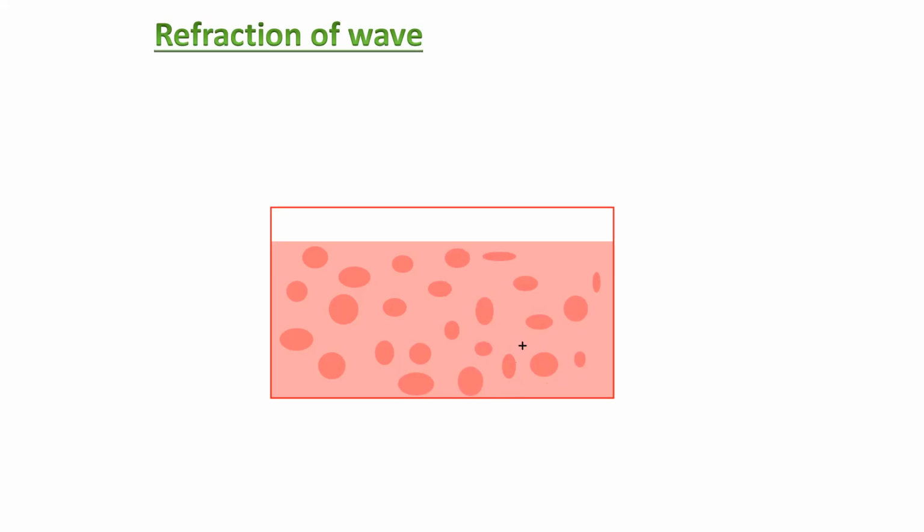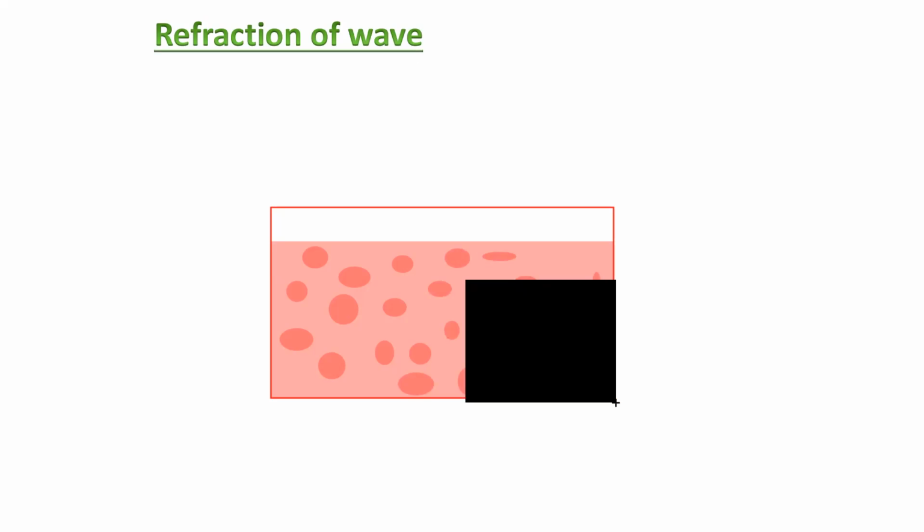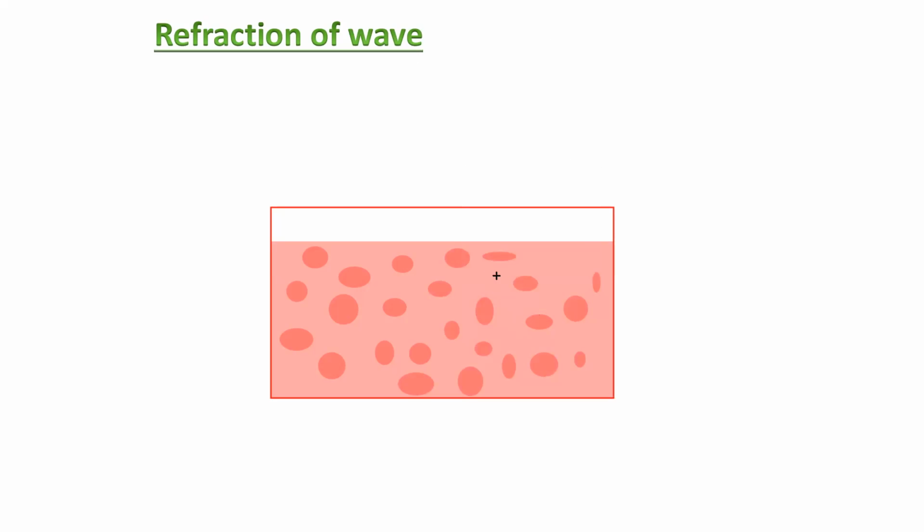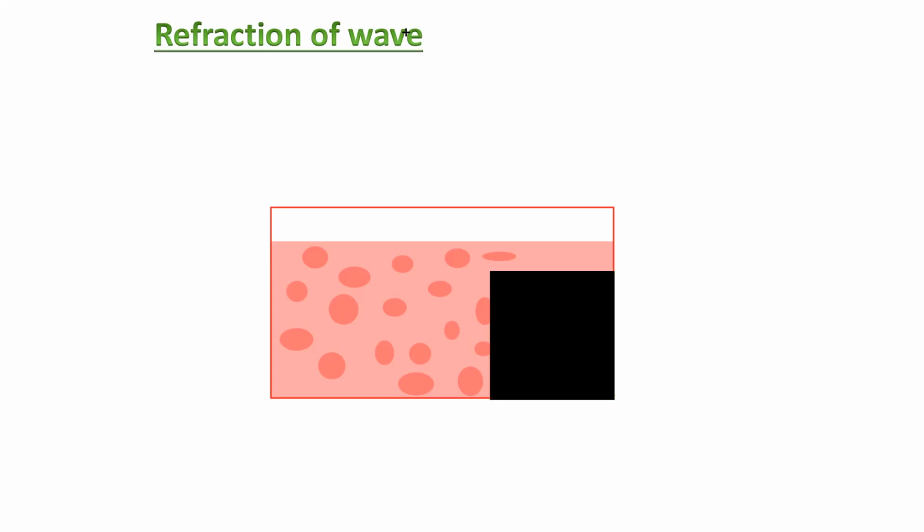But if I place a heavy object inside, which can sink, the total volume remains the same. Volume does not change. But as this object takes up volume, the particles which are present for the water will come closer to each other relatively.